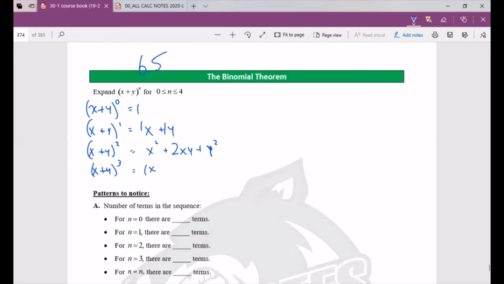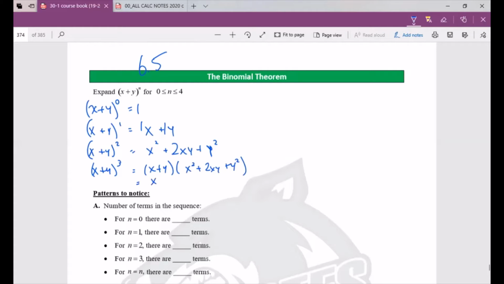This ends up being x plus y times x plus y times x plus y, but taking that, we know that our previous step, x plus y squared, is x squared plus 2xy plus y squared. If I multiply that by x plus y again, that's going to give us the product of all three of these.